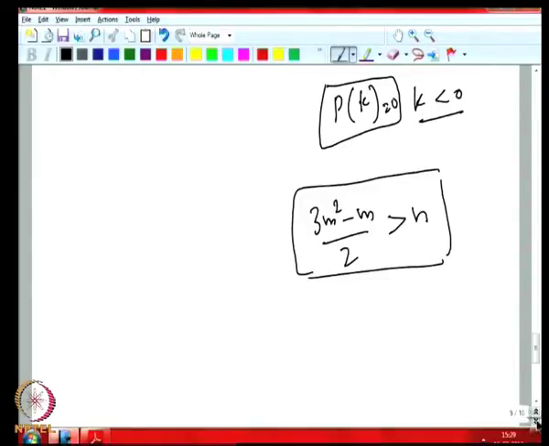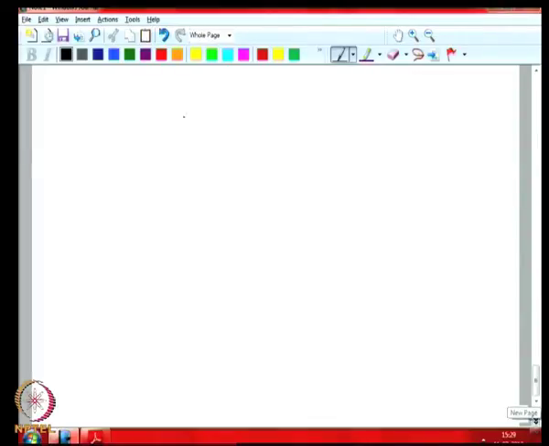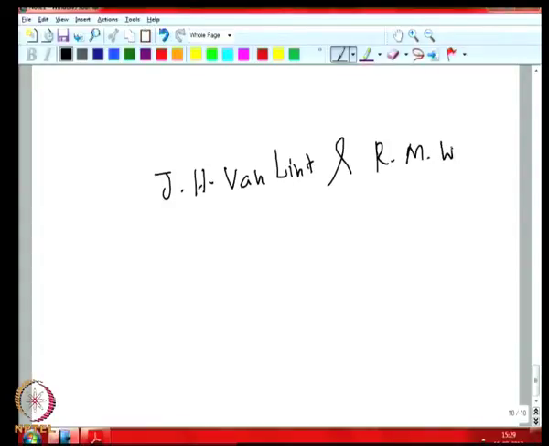Now, that is all we want to discuss about partitions, but there is more material on this topic. If you want, you can read something more in this book, J.H. Van Lint and R.M. Wilson, A Course in Combinatorics.